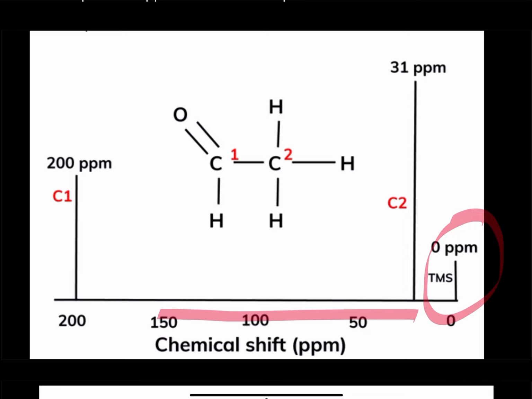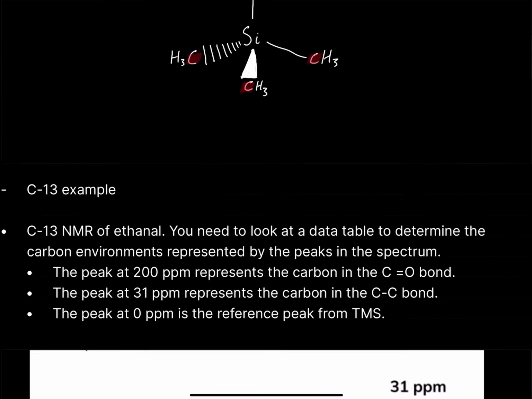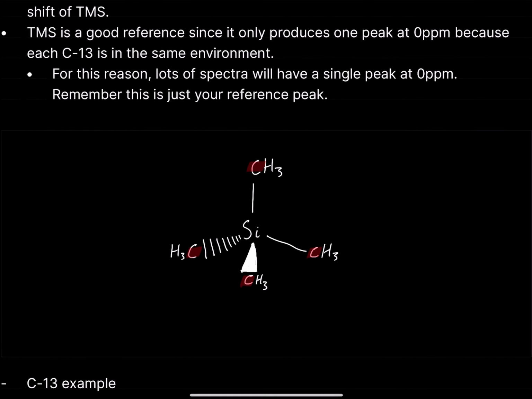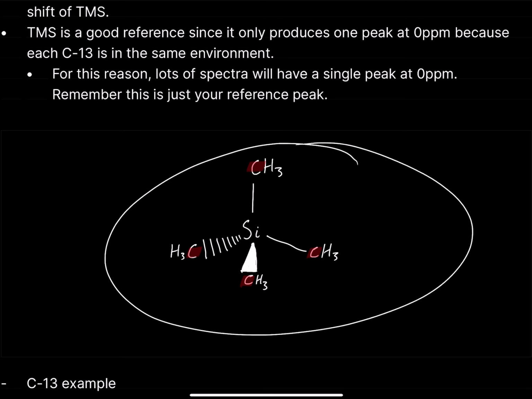So we analyse from this point here. We know this to be 0 ppm. Now we know this is 0 ppm, and we can use this as our reference because all the carbon-13s in this compound are in the exact same environment.